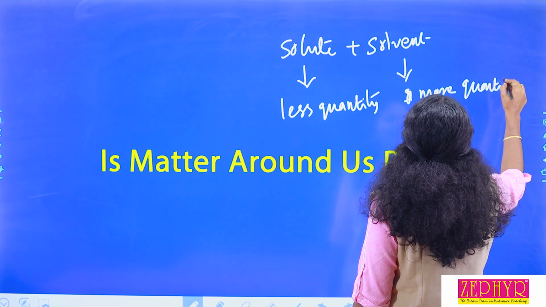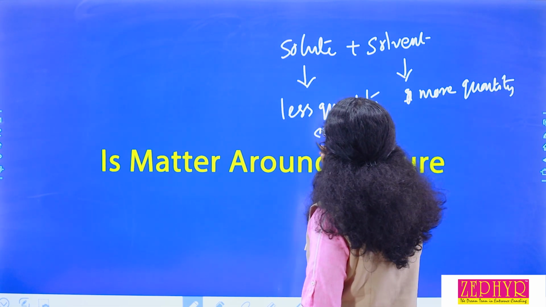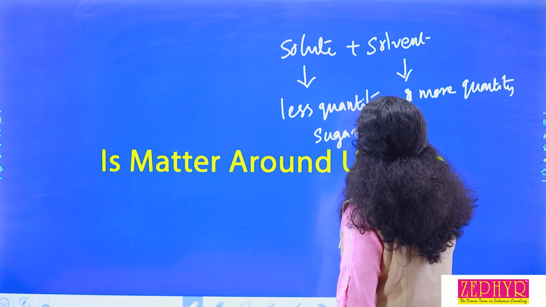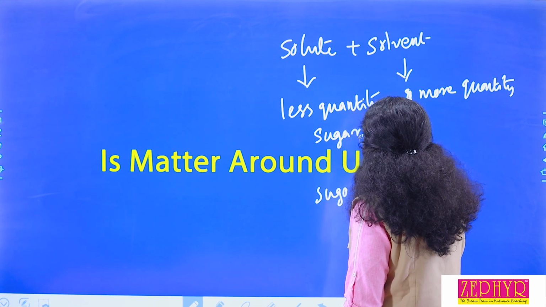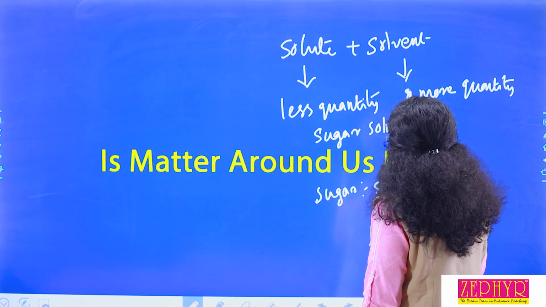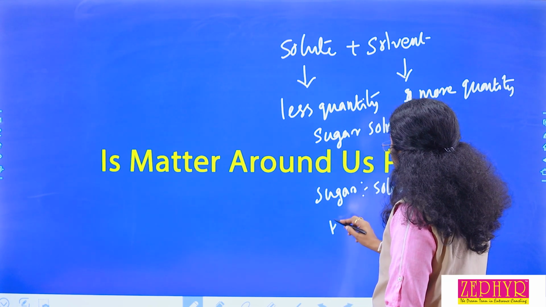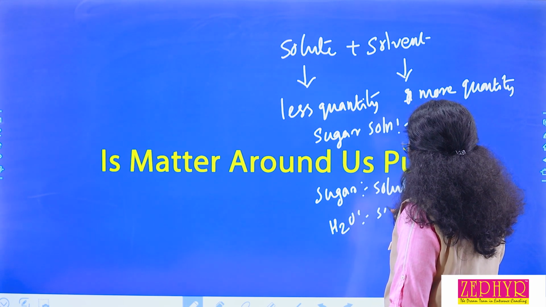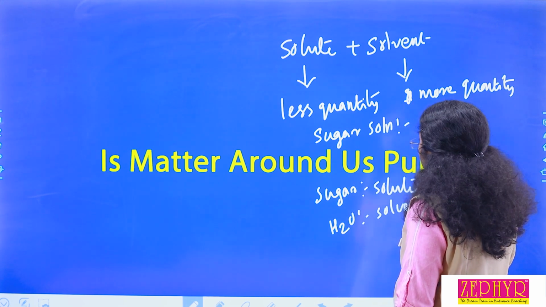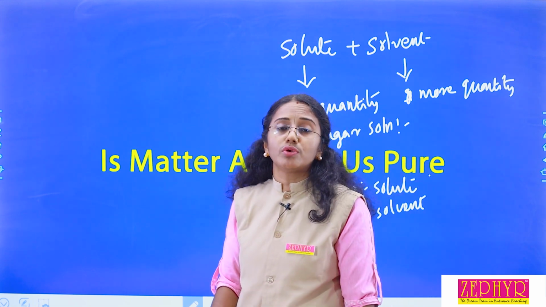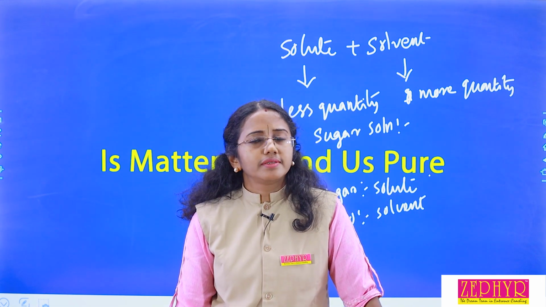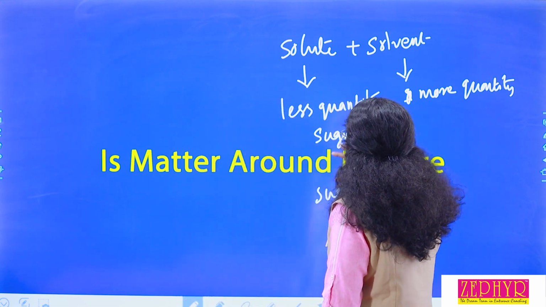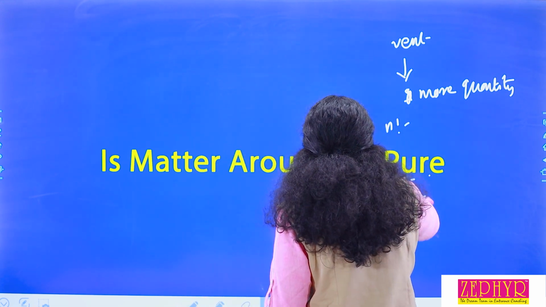For example, in a sugar solution, sugar is the solute and water is the solvent. In a salt solution, salt is the solute and water is the solvent.